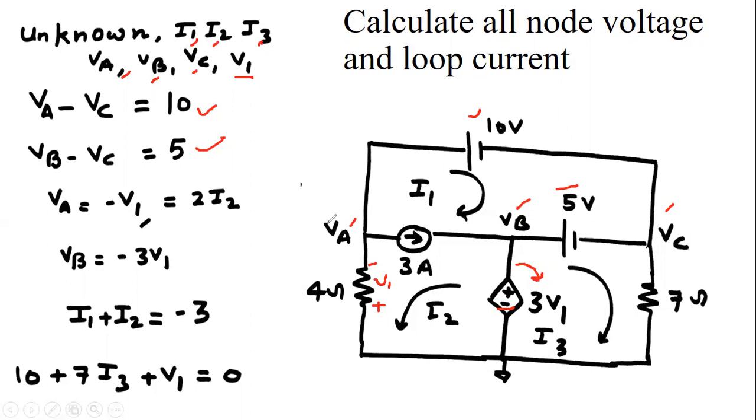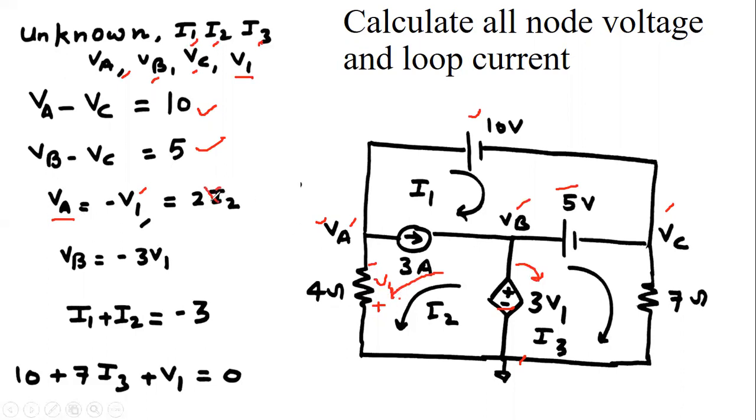Third, between node A and the ground, there is only the voltage V1. We can say the 4 ohm resistance has the voltage V1. So the value of VA is equivalent to minus V1, and current is flowing in this branch, so that is also equal to 4 into I2.